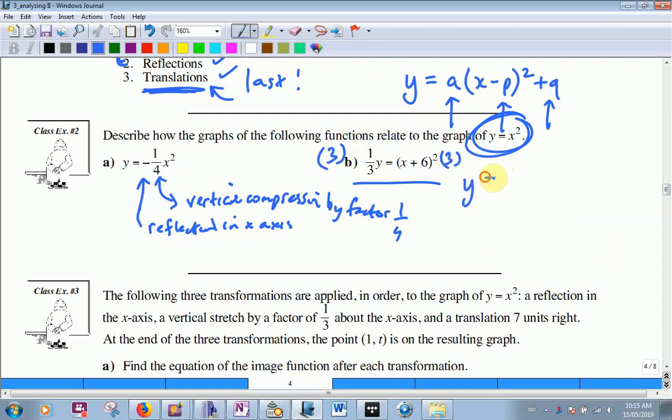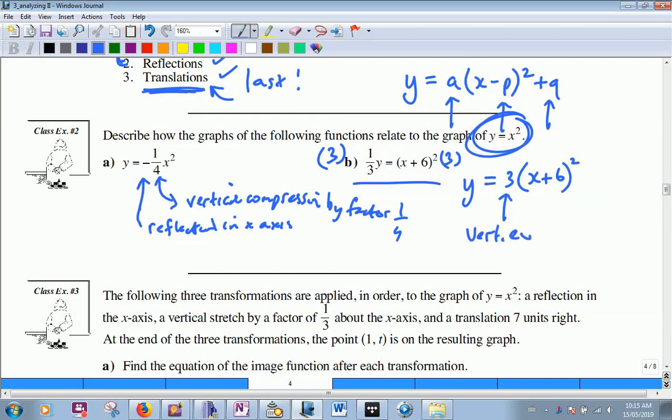So this is how we want to look at it. I multiplied it by 3, but I put the 3 in front of the brackets. In other words, that's A. A is not a third though, A is 3. Now it's in this form. What does that do?